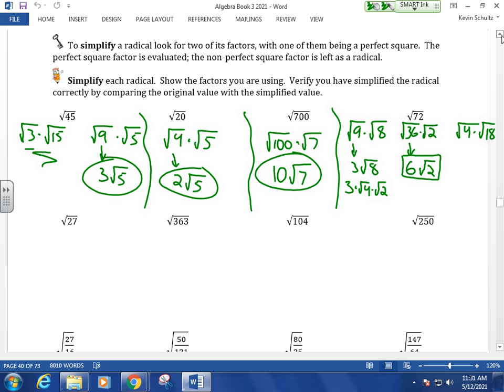I made root 9 into 3, brought down my root 8. Then I looked at root 8 and I saw, uh-oh, there's a perfect square factor of 8. So I kept my 3 and then just separated root 8 to be root 4 times root 2. What's the root of 4? 2. What's 3 times 2? 6 root 2.